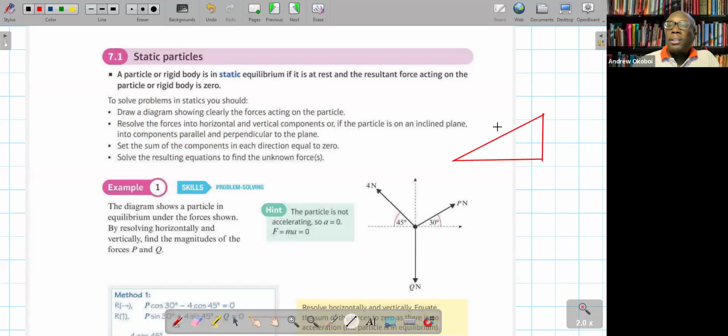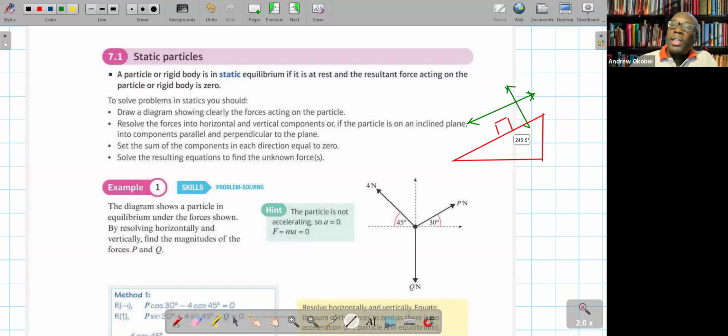like this, and I have a box maybe on that plane, then when I'm resolving my components, I resolve parallel to the plane, and also perpendicular to the plane like this.